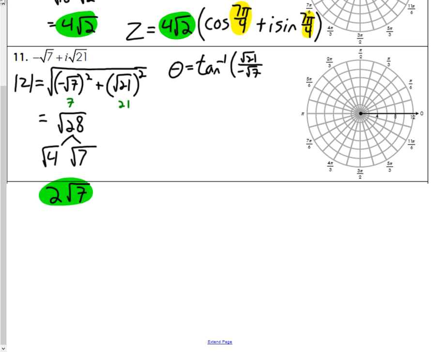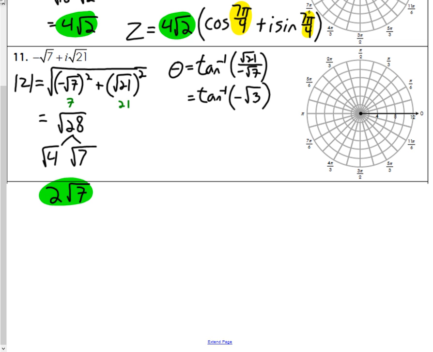Don't want to lose that negative sign there. Root 21 over root 7. At first glance, oh no, that looks terrible, except we can actually simplify that. Not too bad. 21 over 7 is just 3. Positive divided by a negative will be a negative. So what I'm looking for is tan inverse of the opposite of the square root of 3.